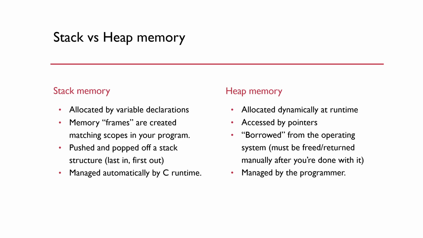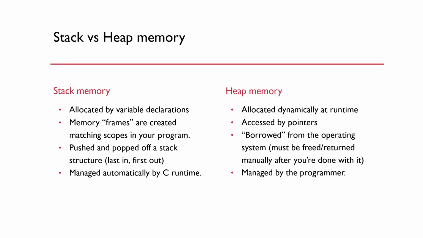Whenever you enter a new scope, meaning whenever you call a new function or go into a loop or an if statement, or if you just have a set of curly braces hanging out in your code, a new stack frame is created and pushed on the top of the stack. Whenever you leave that scope, that stack frame and anything in it is popped off the stack and lost forever.